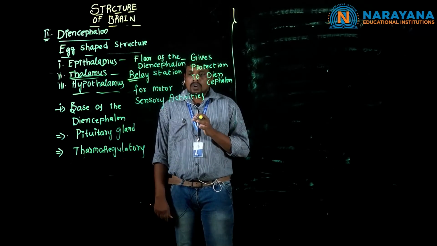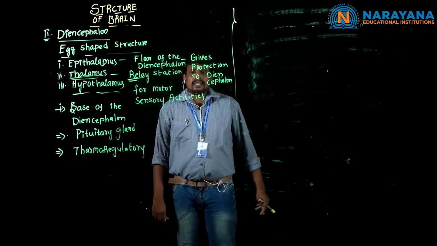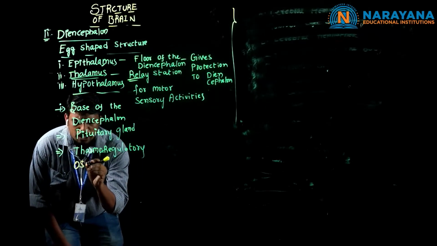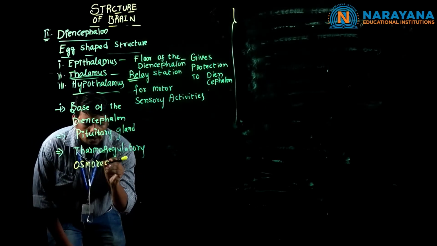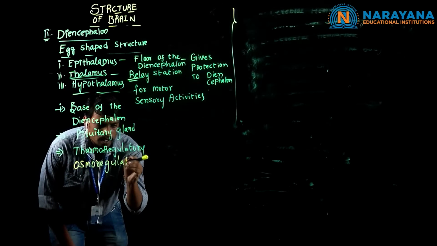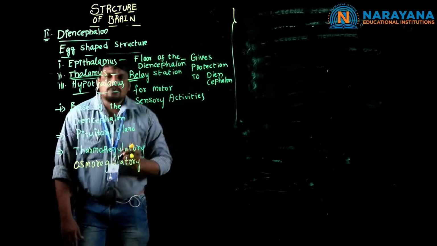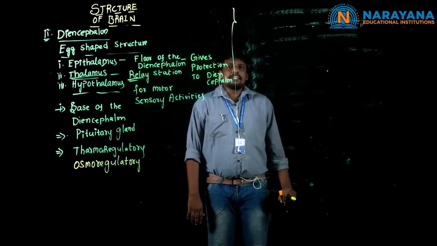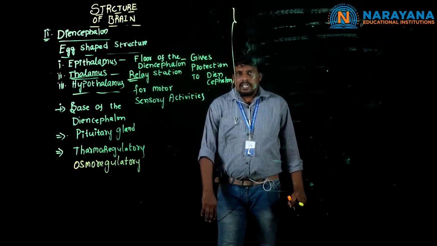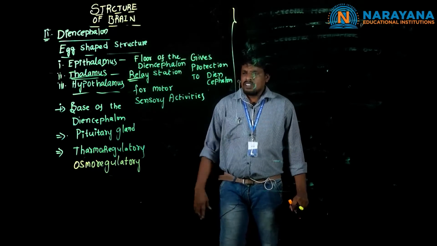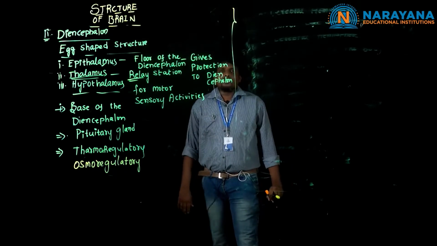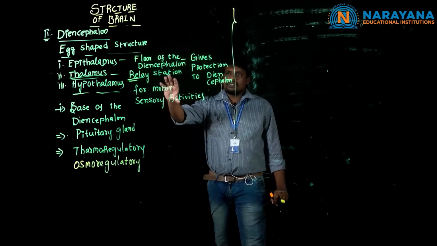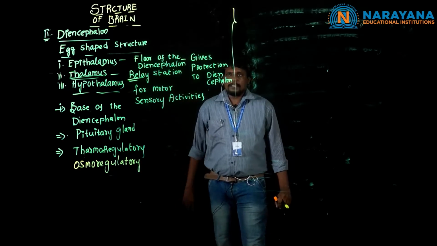Hence, it is called a thermoregulatory organ. Even osmoregulation is also under the control of this hypothalamus. What do you mean by osmoregulation? Maintenance of our body fluids in a proper proportion is called osmoregulation. Clear, Nana? So these are the functions of hypothalamus.